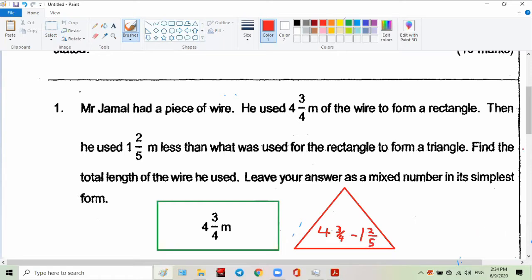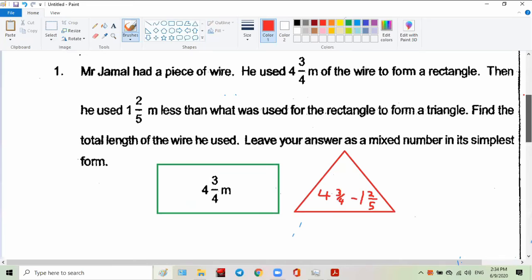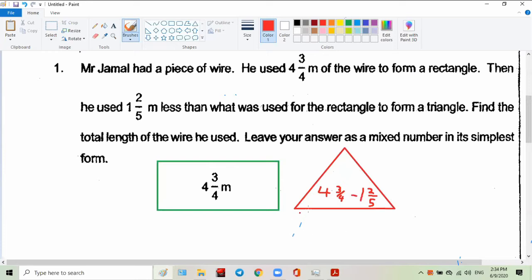Find the total length of wire he used. So we just have all these add together. That means this plus this minus this. Put it in the calculator, that's all.